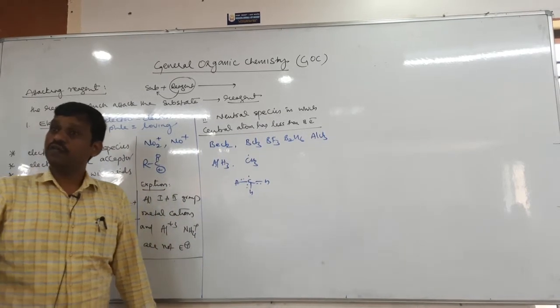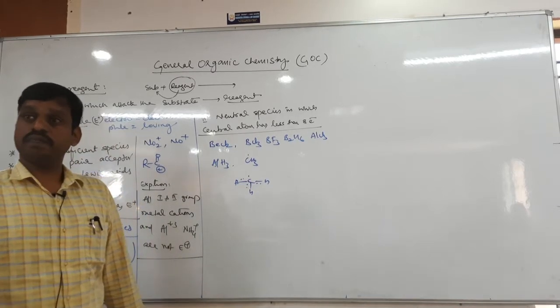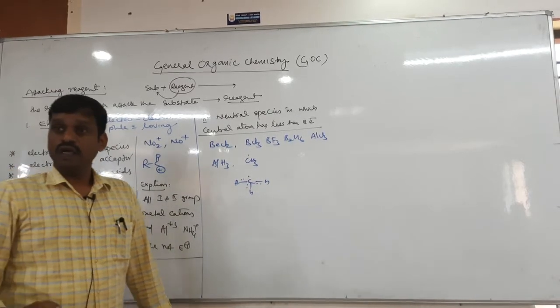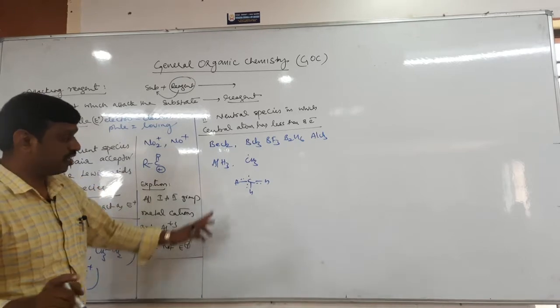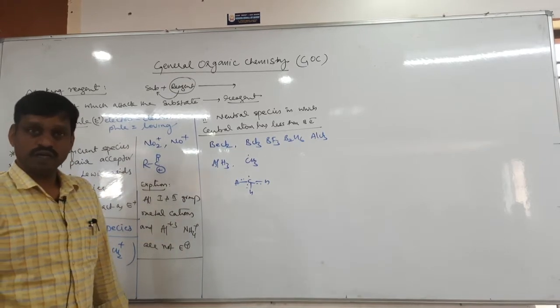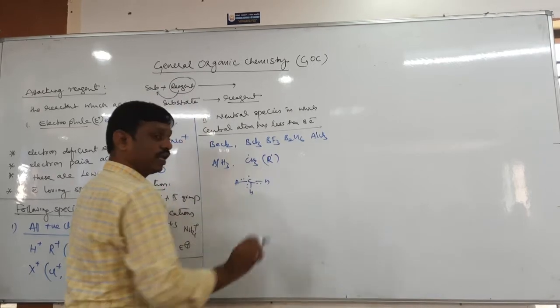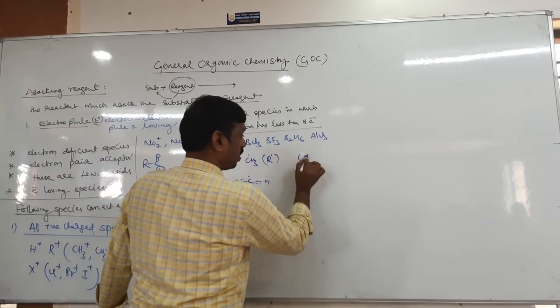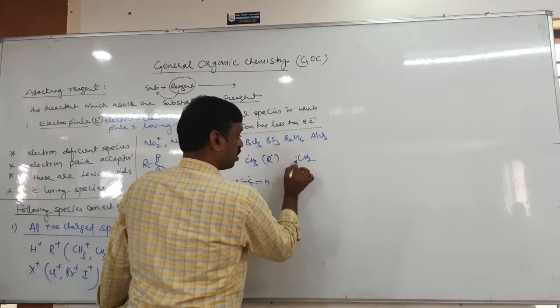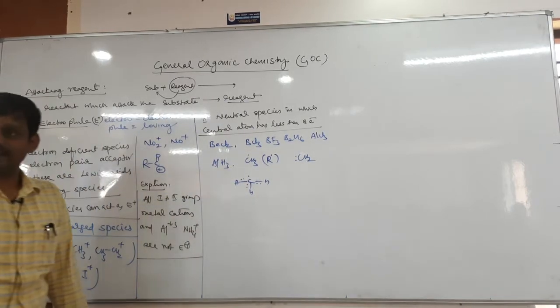So therefore, wherever a free radical comes, particularly a carbon free radical, all carbon free radicals have 7 valence electrons. Therefore, it is also an electrophile.